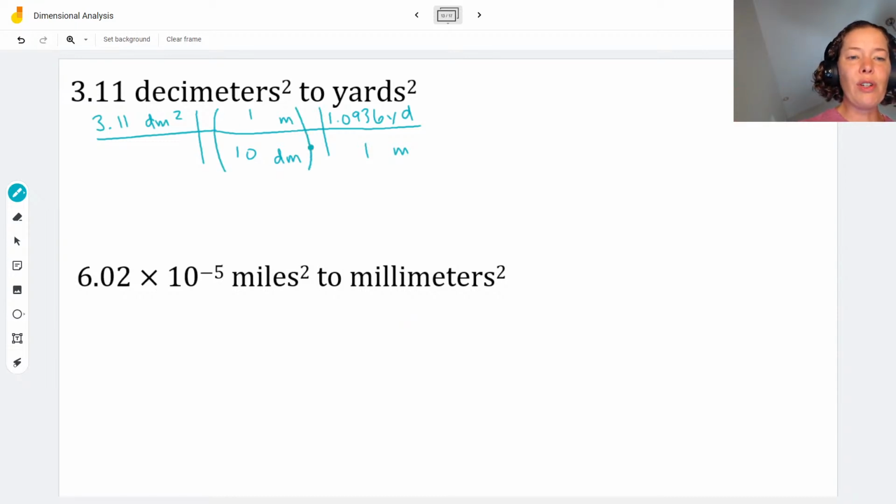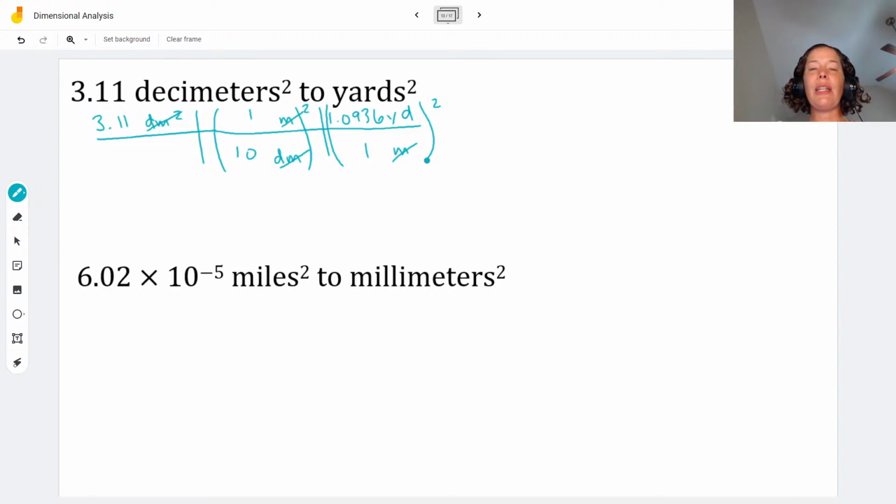So this conversion factor gets squared, and my second conversion factor also gets squared. So what this does is it means my decimeters squared cancels, my meter squared canceled, that's my intermediate unit, and then I'm left with yards squared. So there's a lot of squaring that goes on here. Again, be careful how you put this into your calculator.